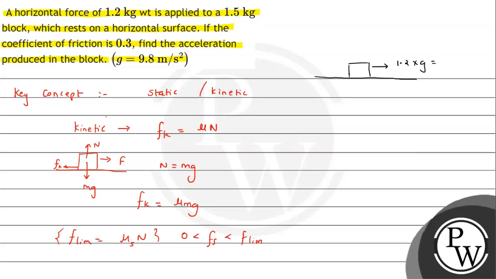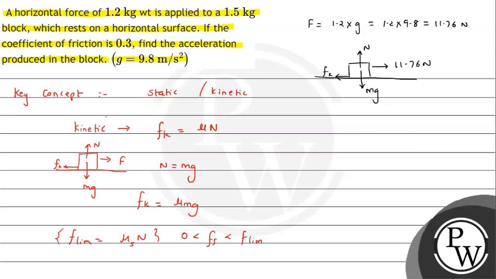So force F will be 1.2 into 9.8, and that comes out to be 11.76 न्यूटन, ठीक है ना? ये न्यूटन में convert हो गया kg weight या kg force से. जब हम न्यूटन में जाना चाहते हैं, we just need to multiply it with g, ठीक है? So here instead we can write a force of value 11.76 newton लग रही है. इसका weight इसके ऊपर लग रहा होगा नीचे की तरफ mg, and normal reaction in the upward direction. अब यहाँ पे एक friction force लग रही होगी block के ऊपर in the opposite direction, that is small Fk, right?